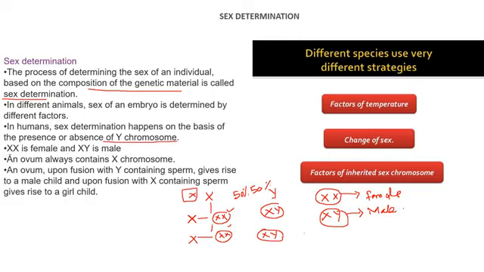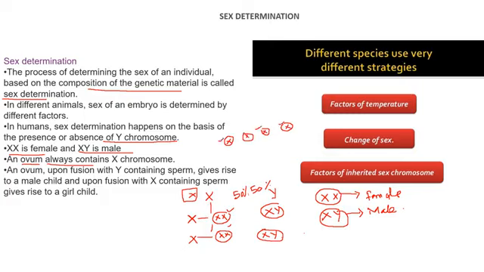So XX is a female, XY is a male, and the ovum, the female egg, always contains an X chromosome, okay? And definitely it will have one X chromosome. We know there are 4 gametes formed after the ovulation, and all these gametes have an X chromosome in them, right?